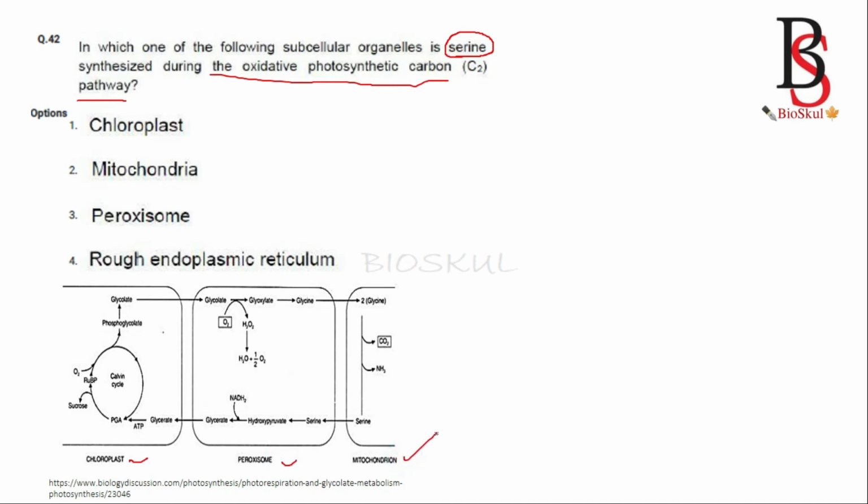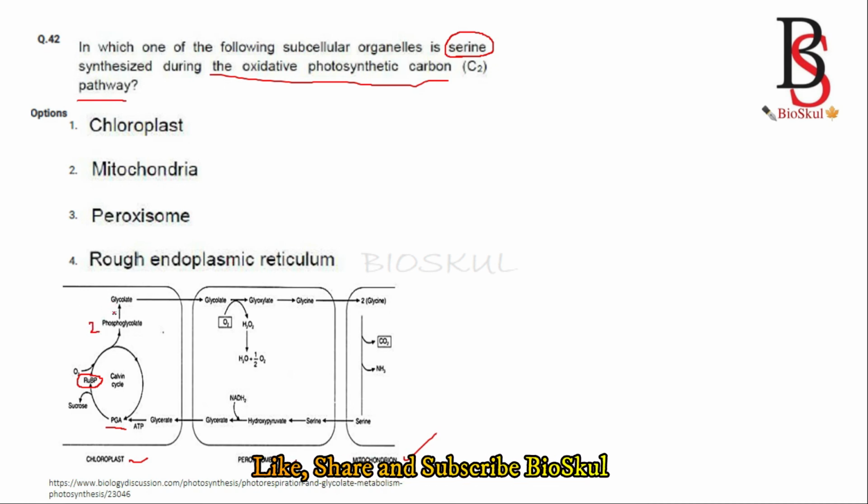In the chloroplast, Rubisco, ribulose 1,5 bisphosphate carboxylase, is a bifunctional enzyme which has both oxygenase and carboxylase activity. In photorespiration, it plays its oxygenase activity, leading to the formation of a 3 carbon compound, phosphoglycerate, which will enter the Calvin cycle, and a 2 carbon compound, phosphoglycolate.